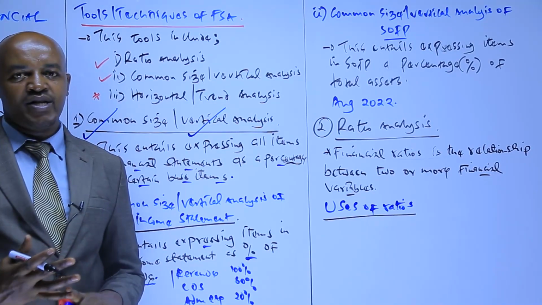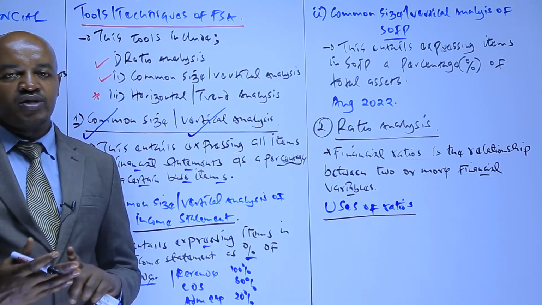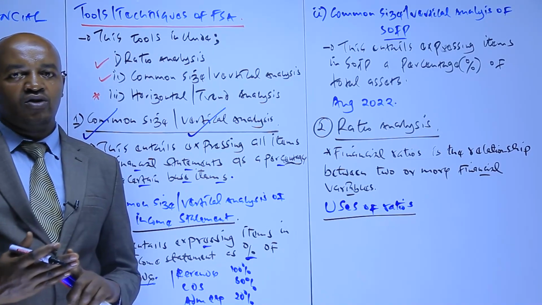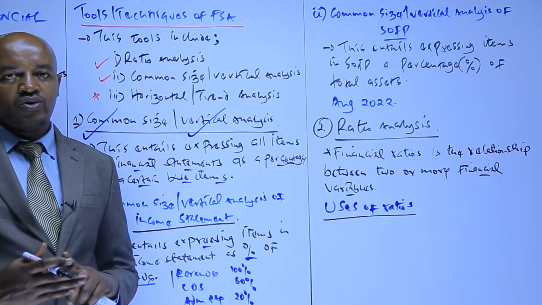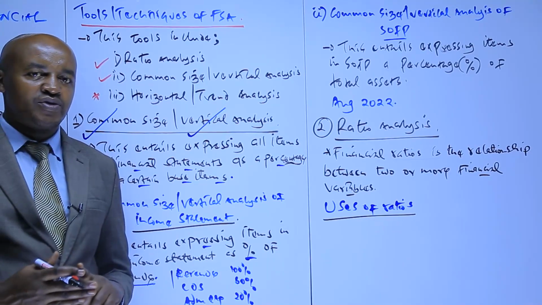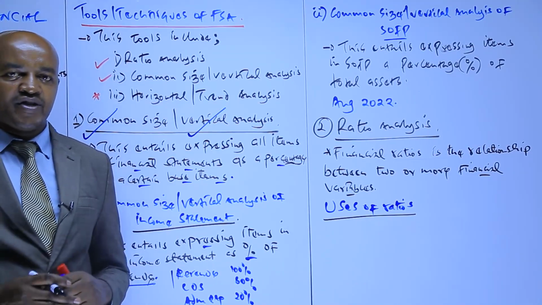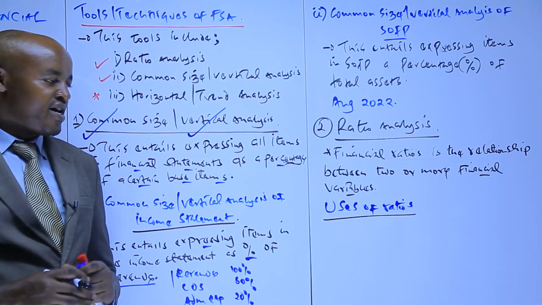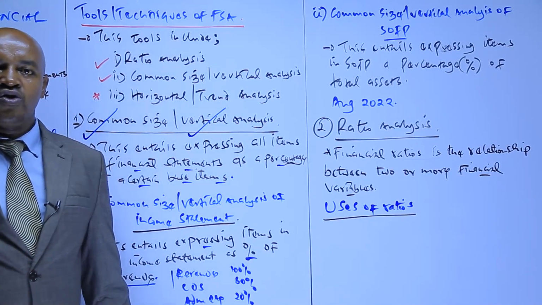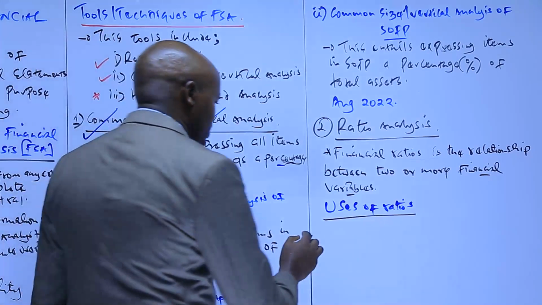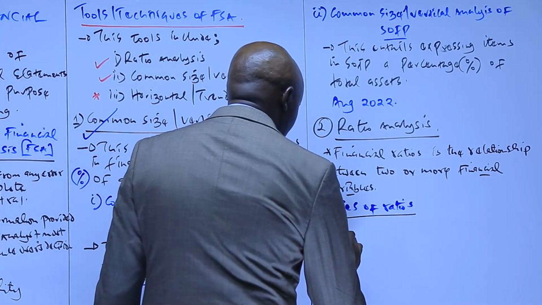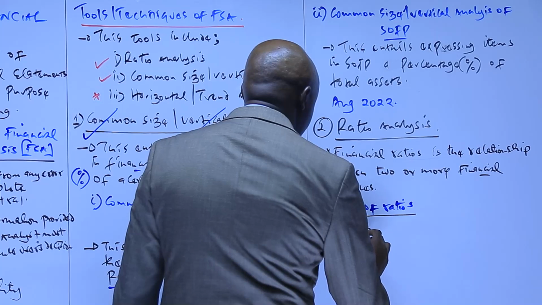We have the profitability ratios, liquidity ratios, efficiency or activity ratios. We also have the solvency or capital structure ratios and the investment ratio. So what we are going to do here is look at the uses of those 5 categories of ratios. So let's start by looking at the uses of the profitability ratios.